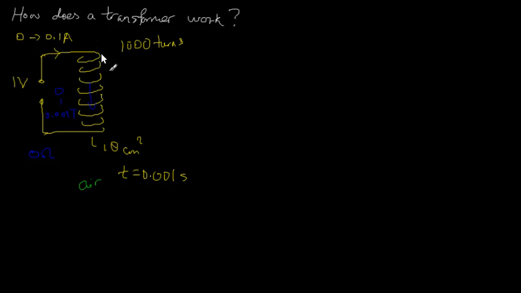So that's the situation, and when this magnetic flux increases, the conclusion from the last video was that it would produce an EMF that opposes the incoming current, and this opposing EMF must be exactly equal to the incoming EMF, which is 1 volt.